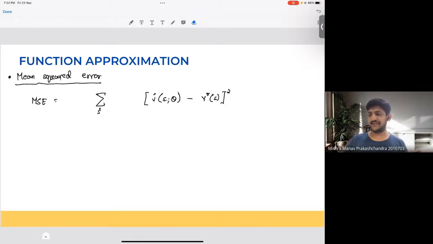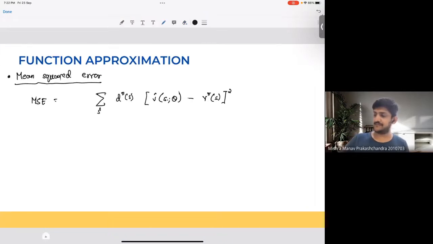I don't want to give equal weightage to all the terms in the mean squared computation. Instead, I give some weighted representation for each term that I'm using when I'm computing the final mean, right? So this extra term that I've added is known as the steady state probability distribution.